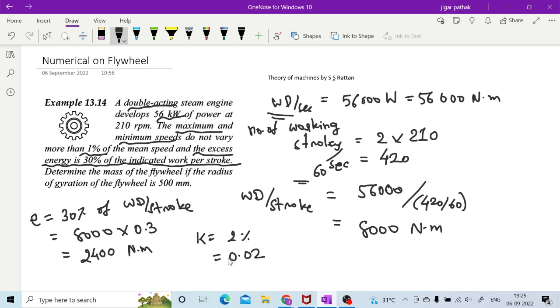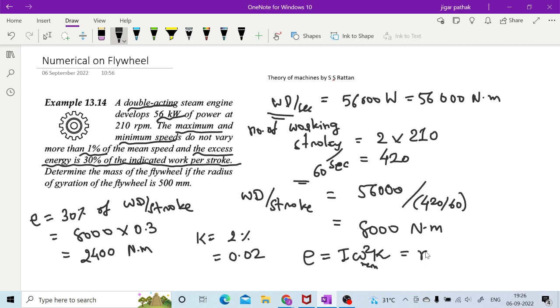So now from this data I guess you will be able to calculate whatever is asked. What is asked is that you have to calculate the mass. So if you write E is equal to I omega square K, this omega is the mean always actually.